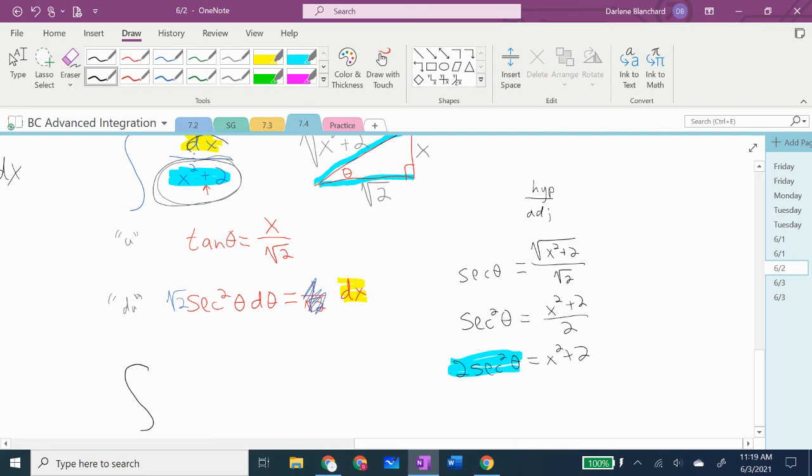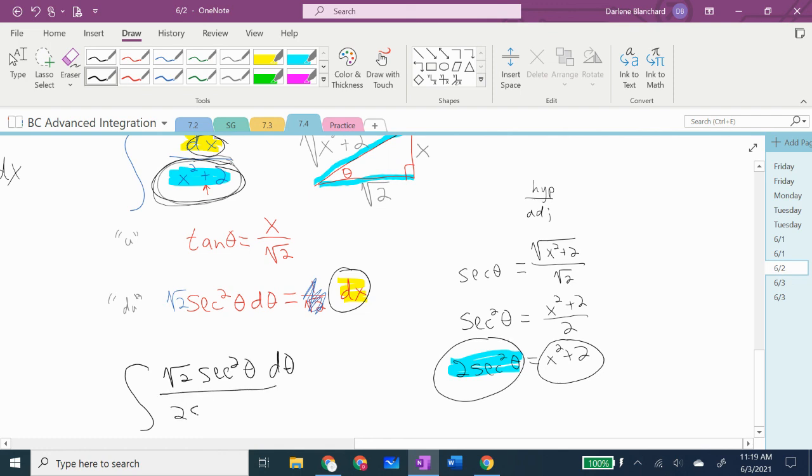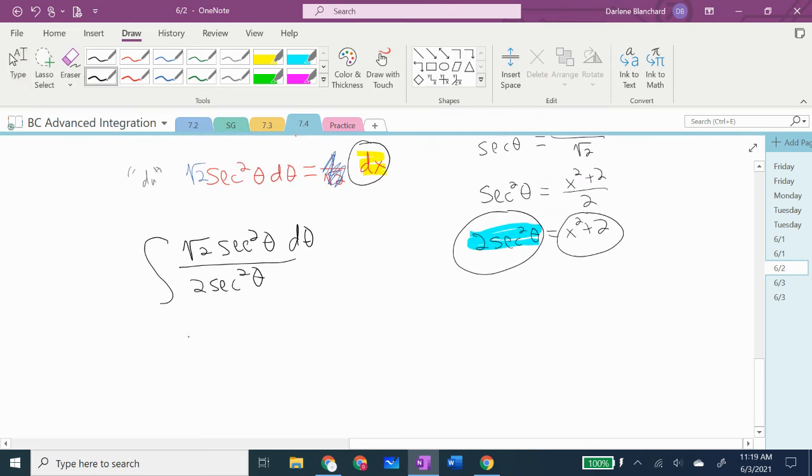The dx is replaced with root 2 secant squared theta d theta. The x squared plus 2 is replaced with 2 times secant squared theta. And then this simplifies to just root 2 over 2 d theta.